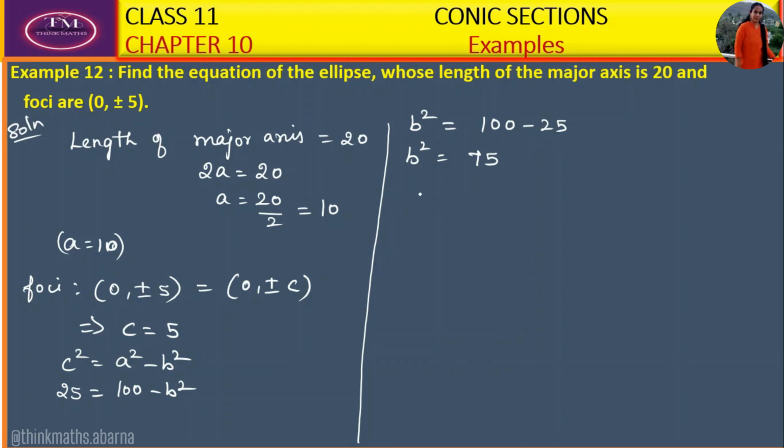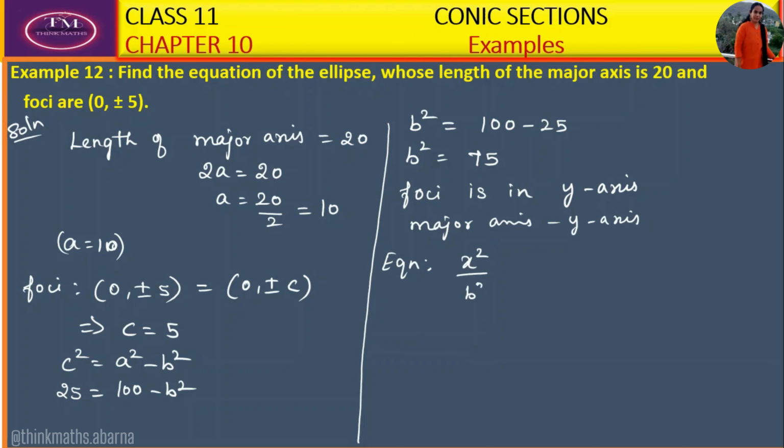Okay. So the foci is in the y axis. If it is in the y axis, the major axis will be the y axis. If it is so, what is the equation? The equation will be x square by b square plus y square by a square equal to 1.